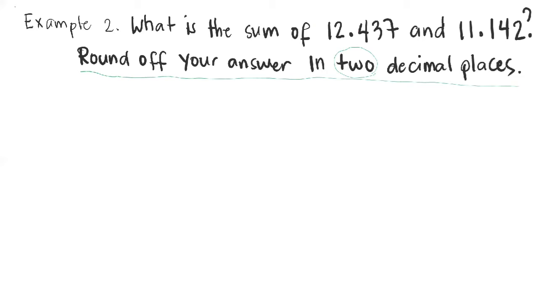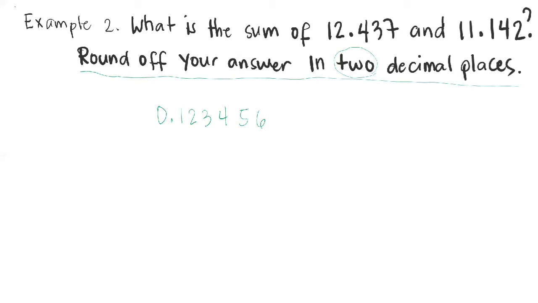So for example, it is 0.123456. If we are going to round off our answer in 2 decimal places, therefore dapat dalawang decimal lang yung matitira sa atin. Kaya yung pangalawang decimal digit natin, siya yung ira-round off natin.